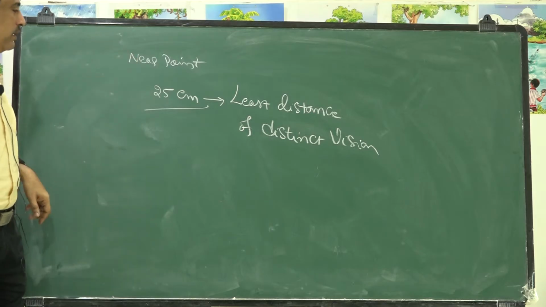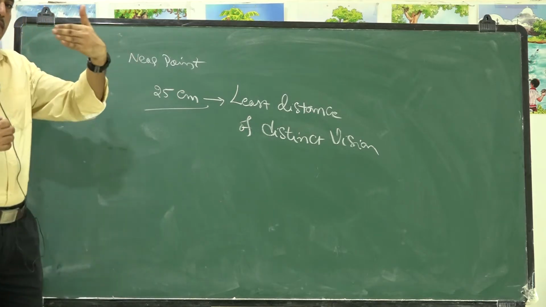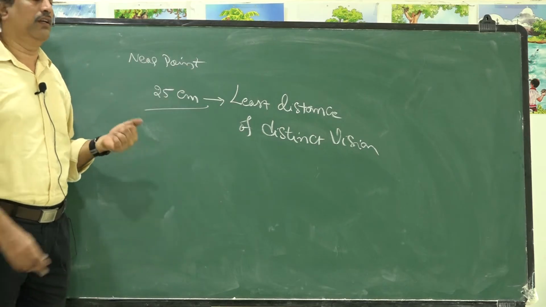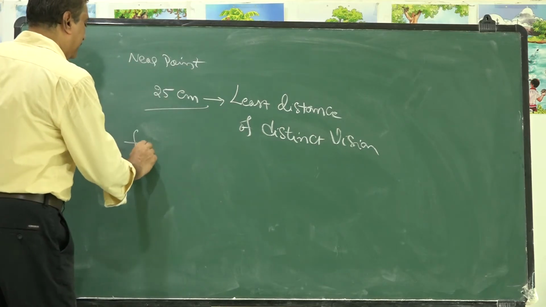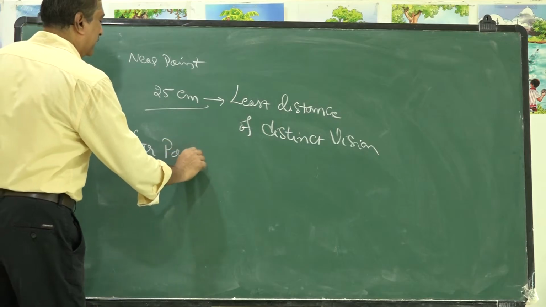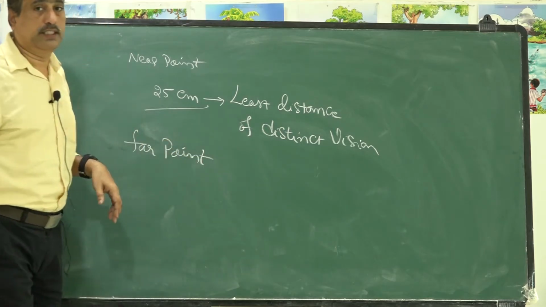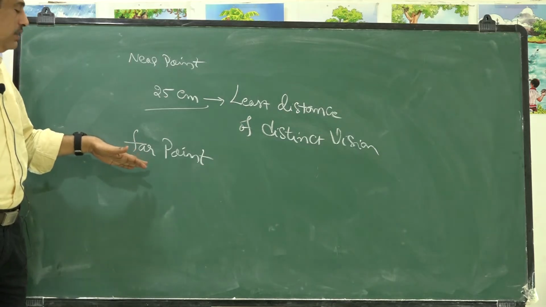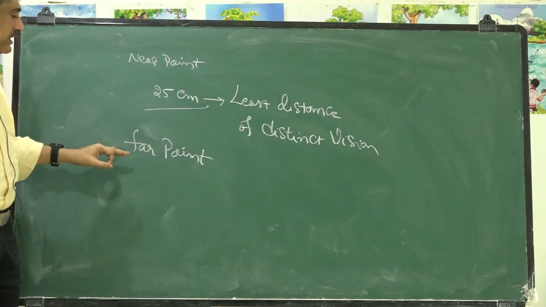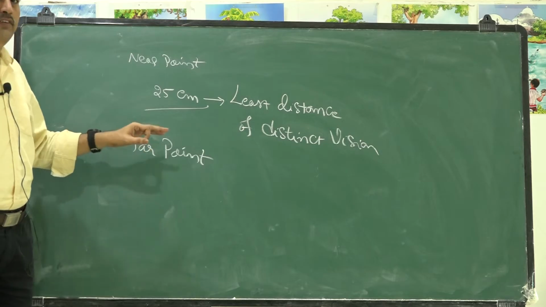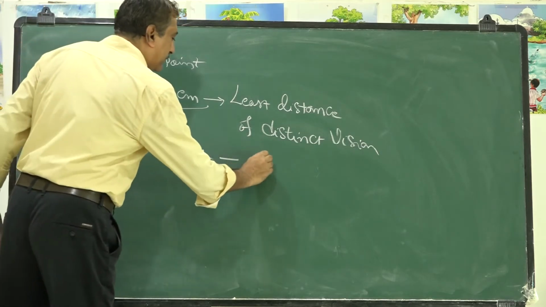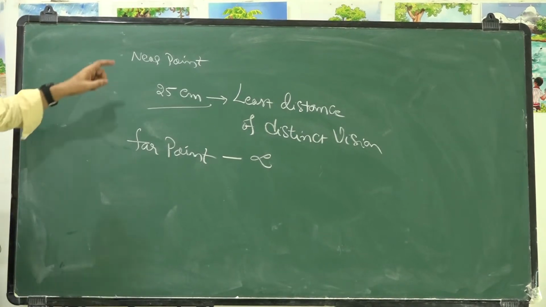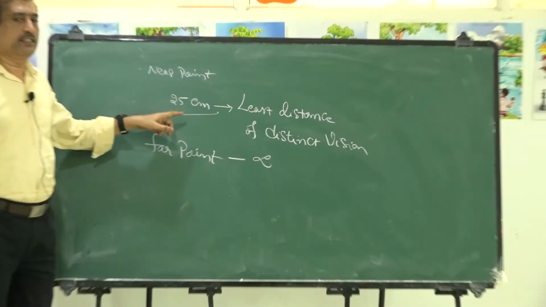Now the maximum, the farthest distance at which we can observe an object clearly and distinctly is called the far point. Theoretically, this far point is taken as infinity. So: near point, far point, least distance of distinct vision.